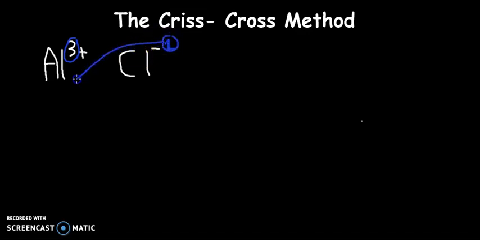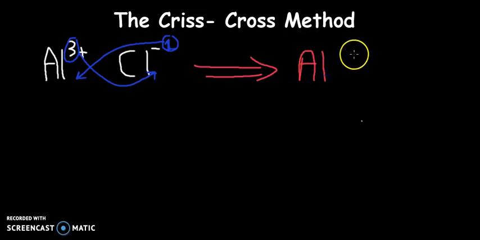The 1 is moved into a subscript for Al, and this 3 is moved into Cl as a subscript. So the compound that you're going to get is AlCl3.